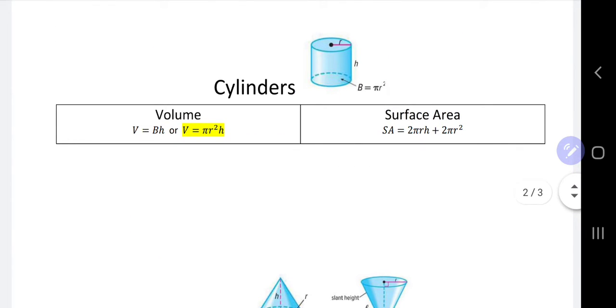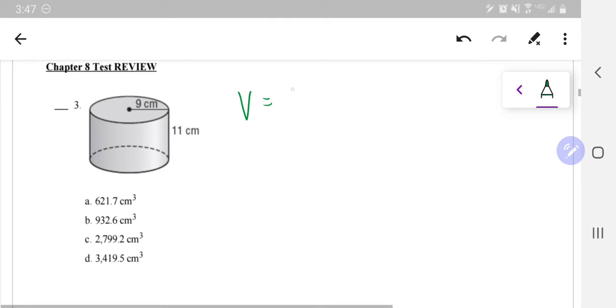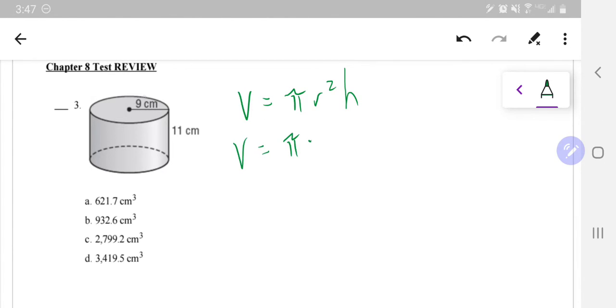I'm finding volume. I like the highlighted one in yellow, which is volume equals pi r squared h. So let's use that. Volume equals pi times the radius here, 9, squared, times the height, which always connects the two bases, which are circular bases in this case.